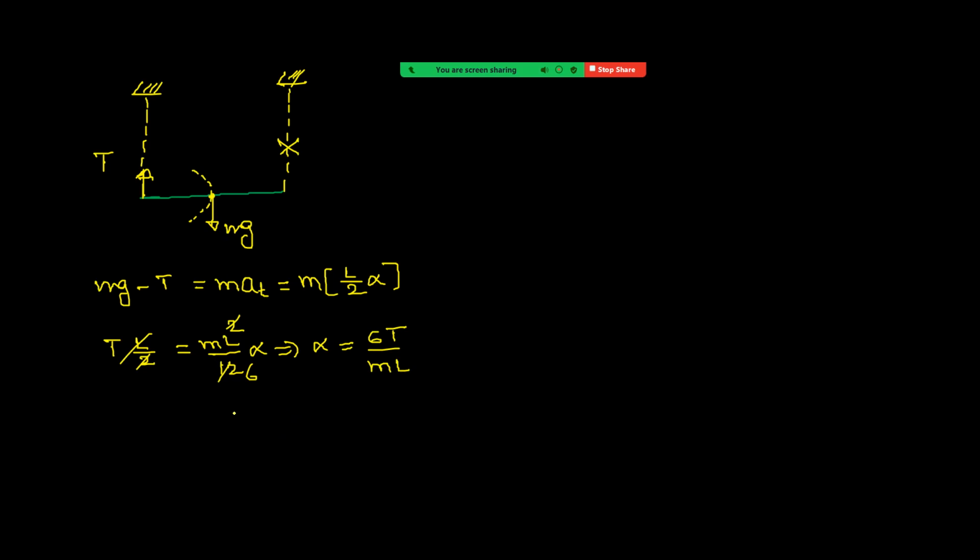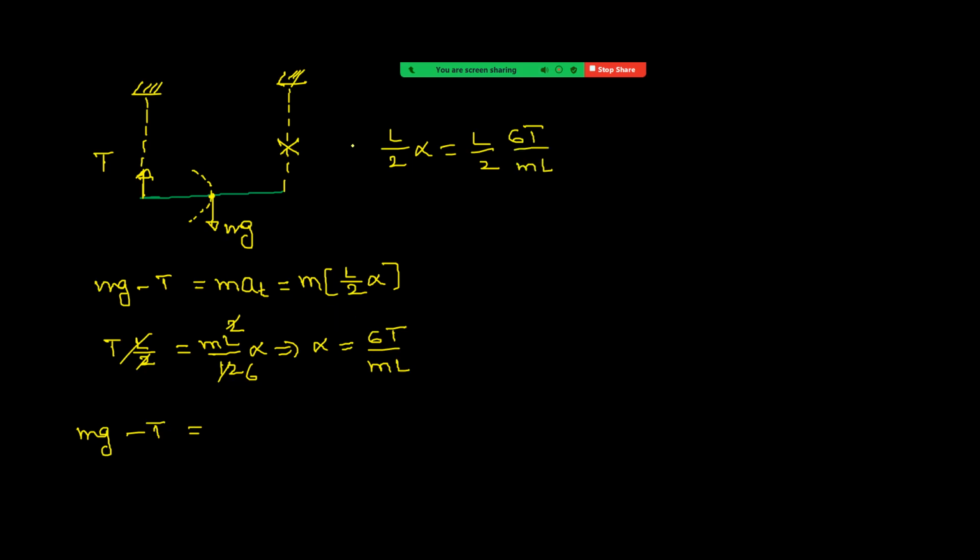Substitute this now in this equation: mg minus T equals m into L by 2 alpha, with alpha being 6T by mL.